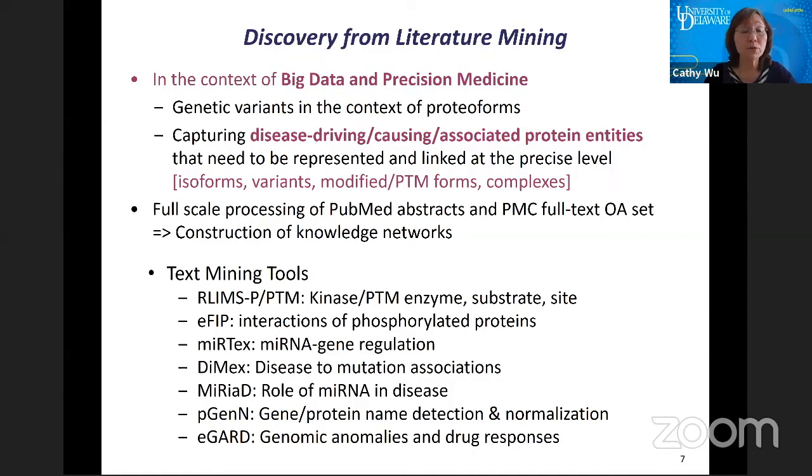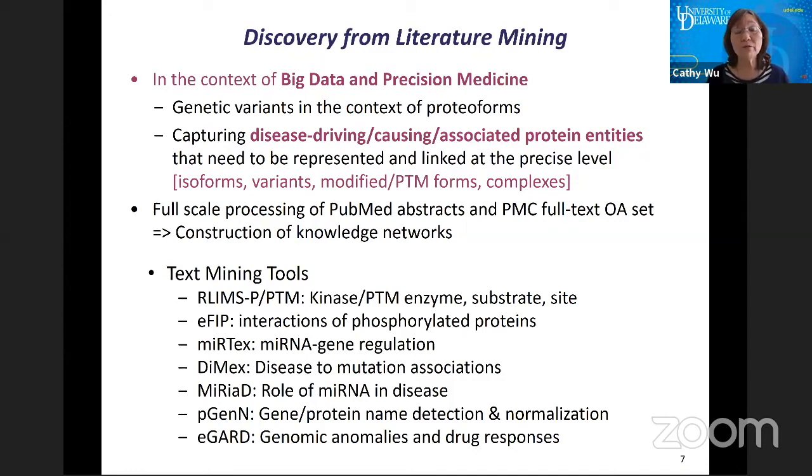So for example, we have the RLIMS-P that allows us to extract information regarding kinases, their substrates, and the phosphorylation sites, and also allows PTM for other PTM enzymes and other substrates. The eFIP is a program that allows us to look into the interactions of phosphorylated proteins.